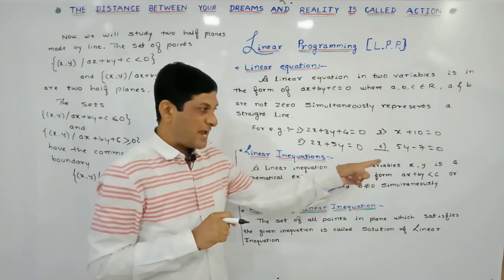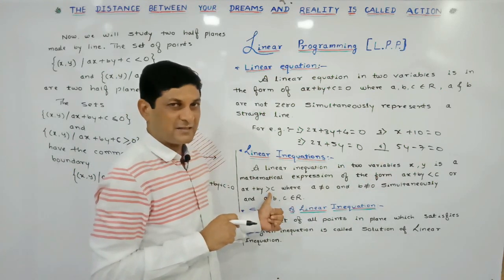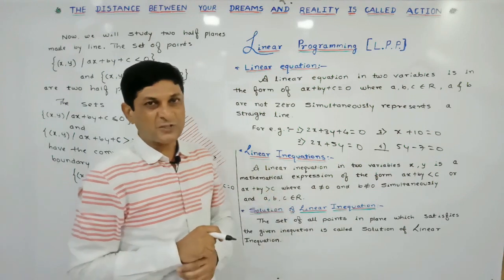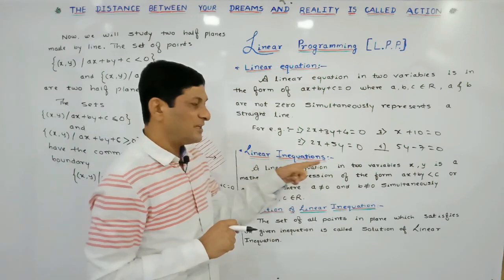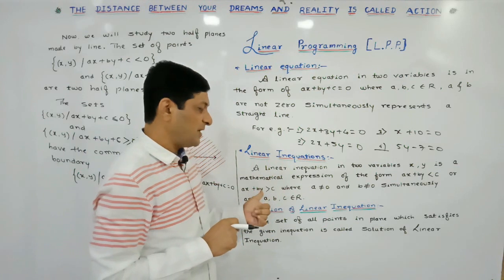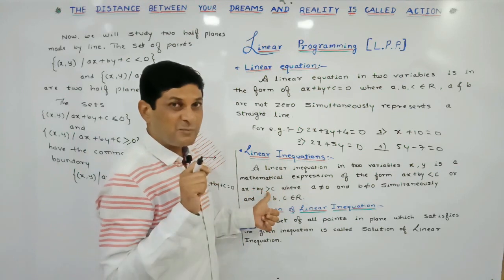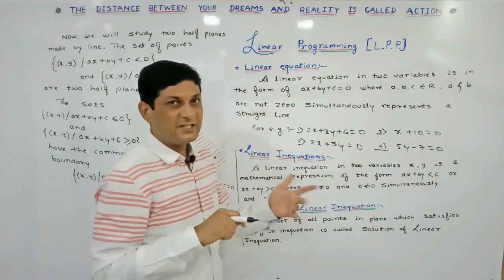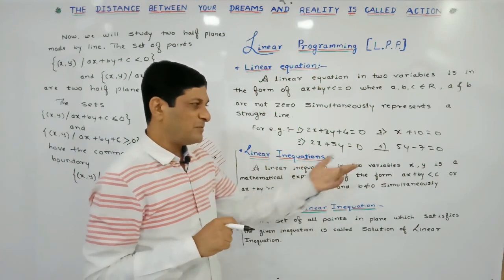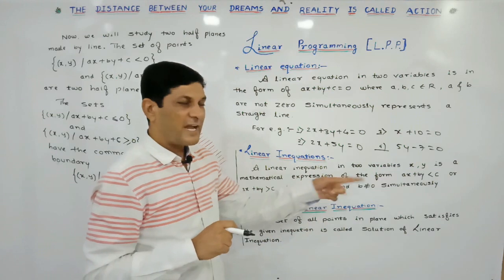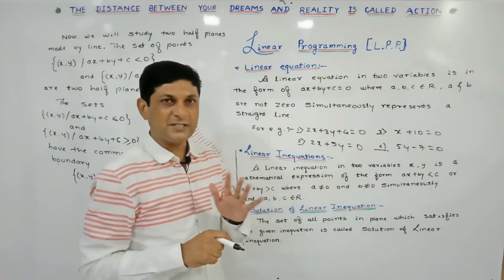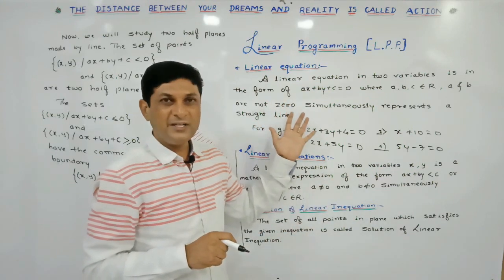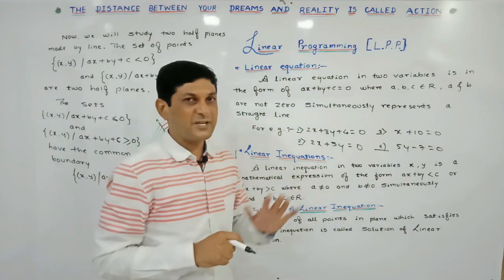If it is replaced by less than or greater than, such expressions are called linear inequations. Why linear? Because degree is 1 and equality is replaced by inequality. That's why it is called a linear inequation. Conditions are the same: a, b, c are real numbers and a and b should not be simultaneously 0. Hope the idea about linear equation and linear inequation is clear.